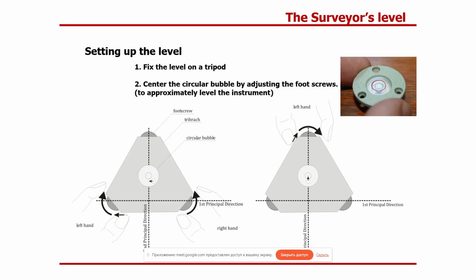Well, setting up the level consists of a few steps. First of all, we fix the level on a tripod. I think that everybody knows what a tripod is. It consists of a head with 3 legs, and we can change the orientation of the head using special screws.